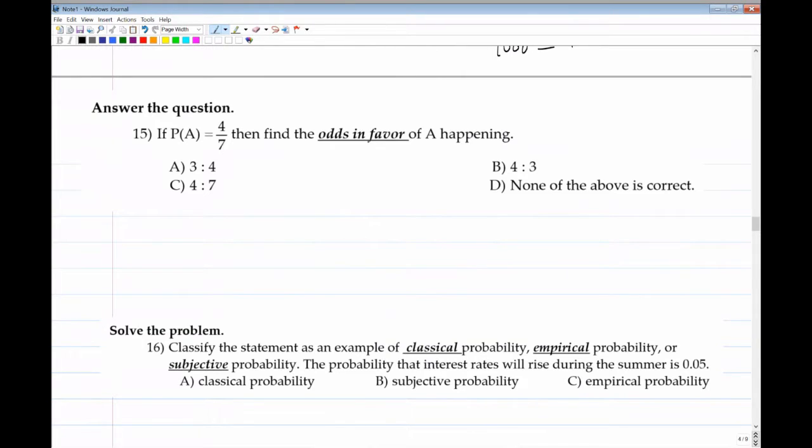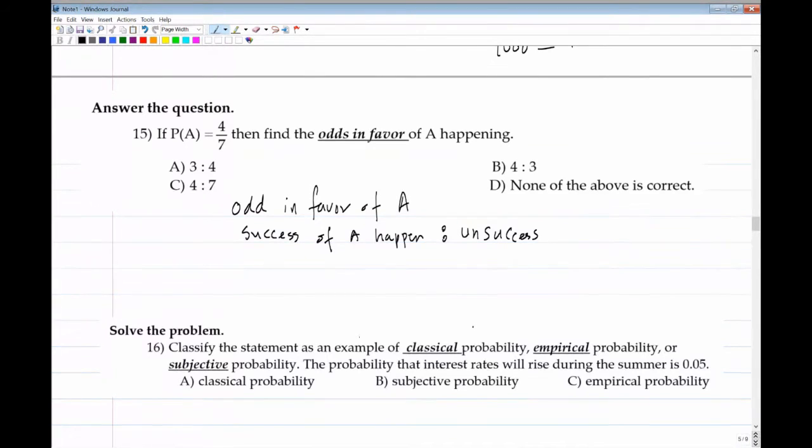One of the things we need to be careful with when we say odds in favor, let's go ahead and write this, odds in favor, basically that's in favor of A. So this is the number of successes, the number of ways A can happen, to the number of failures, the unsuccessful outcomes, or the number of failures.